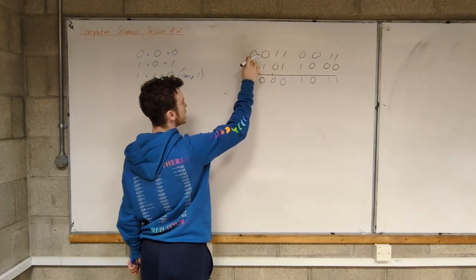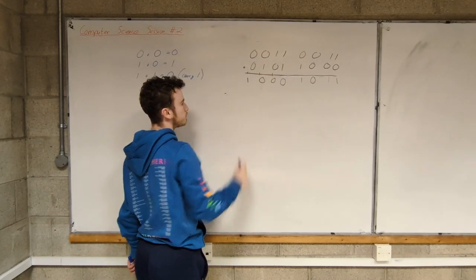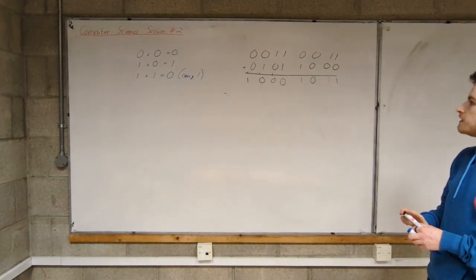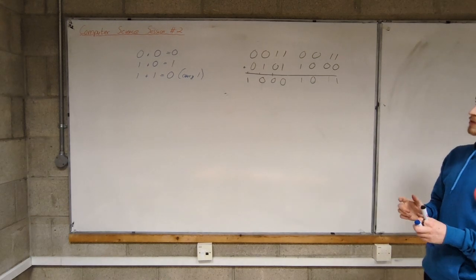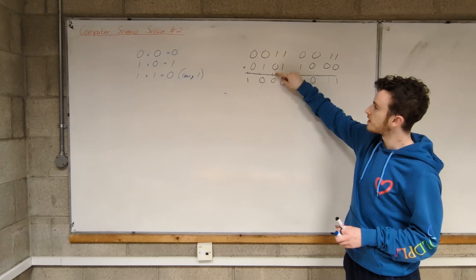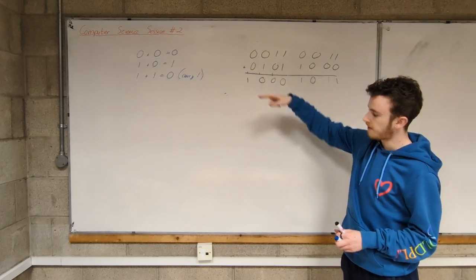Carry the 1. 0 plus 1, 1. So 0 plus 0 is 0, 1 plus 0 is 1, and then 1 plus 1 is 0, and carry the 1 and continue on.